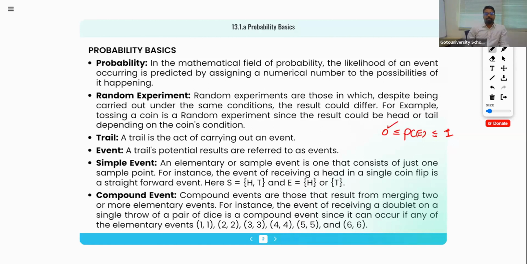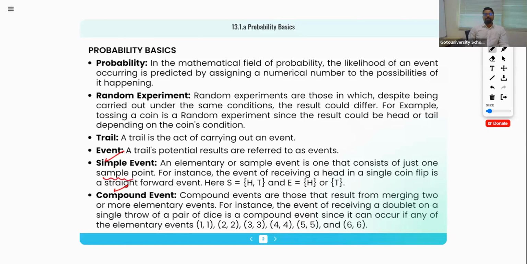Okay. Based on the types of event, we can classify the events on different bases. Here, there are two types given. One is a simple event and the other is a compound event. What is a simple event? An elementary or simple event is one that consists of just one sample point.